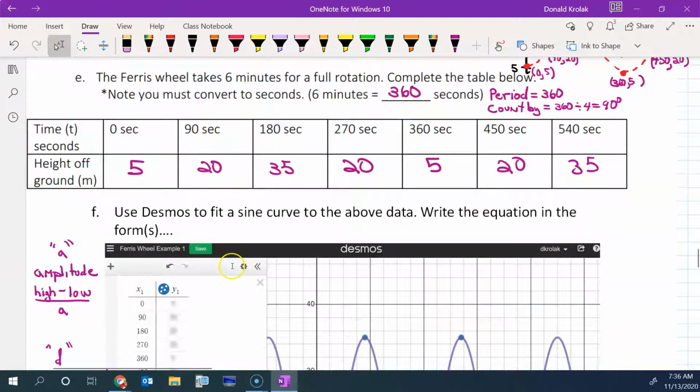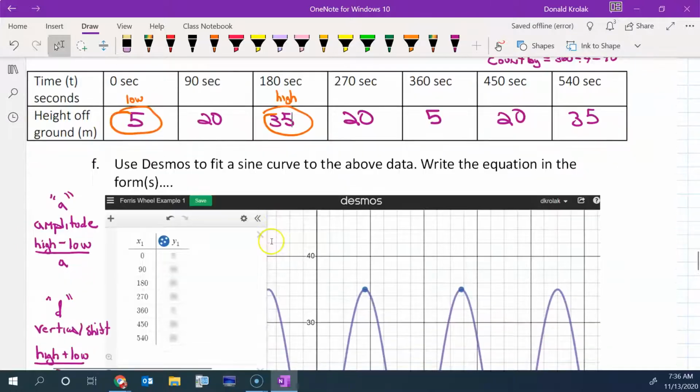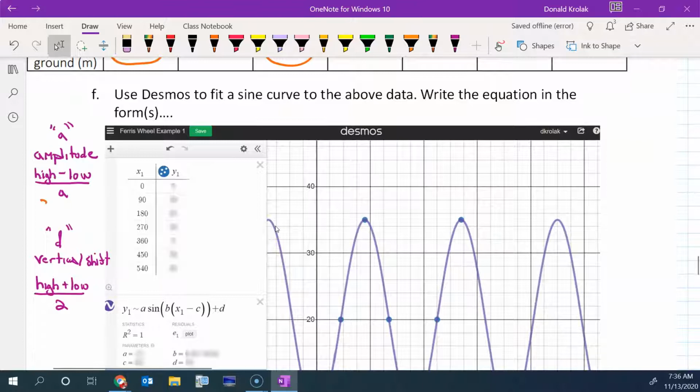Looking at this data here, Corbin, what's my high and low y coordinate? Yep, there's my low, there's my high. Now I can get my amplitude, which is just subtract those two and divide by 2. So 35 minus 5 divided by 2 is 15. So when we graph this in a moment, we should get 15.